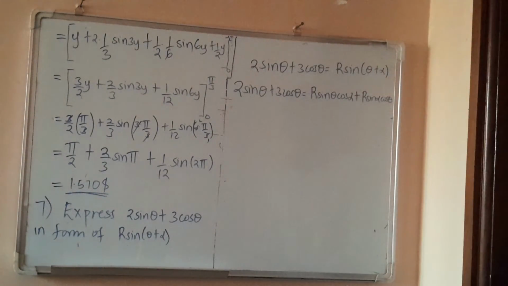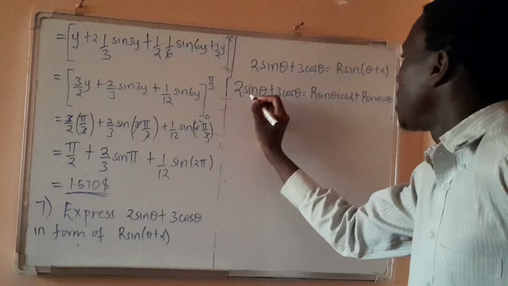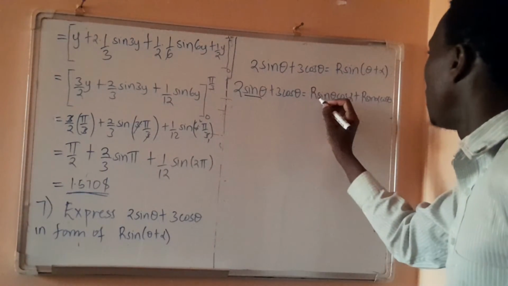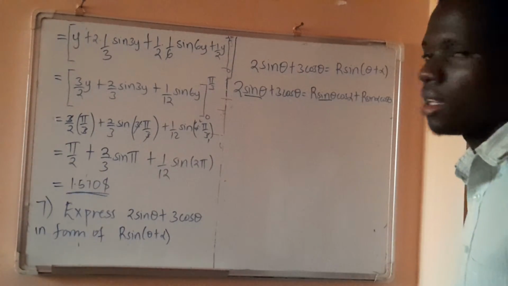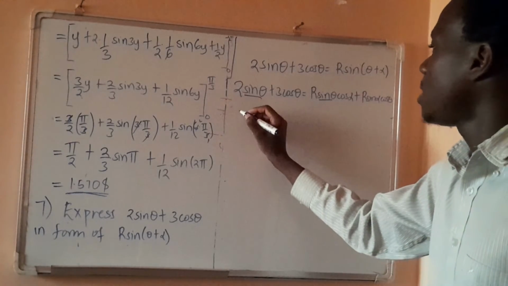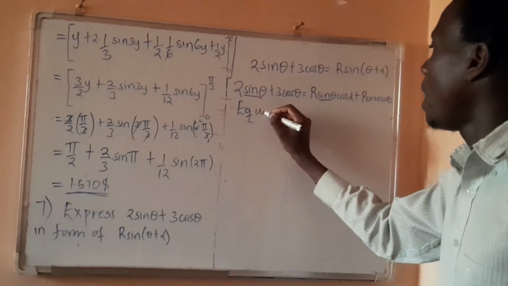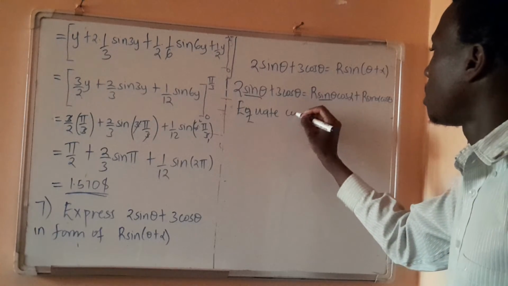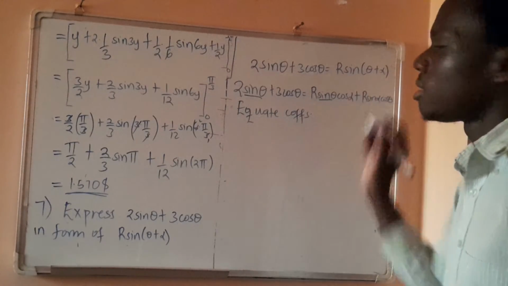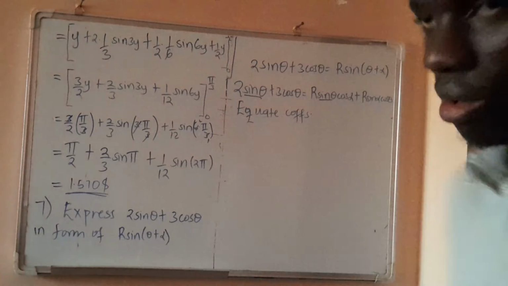So to get the value of R and alpha, you equate coefficients. You realize that here we are having sine theta, also here we are having sine theta. The coefficient of sine theta this side is 2. So what am I trying to do? I am equating corresponding coefficients.